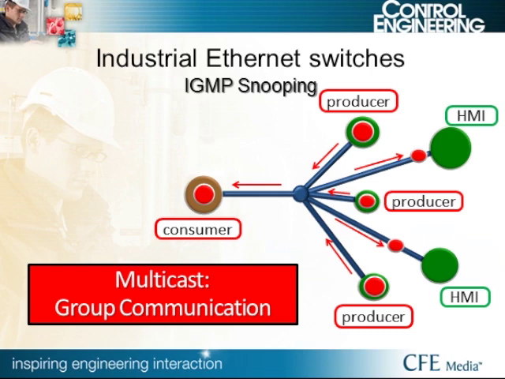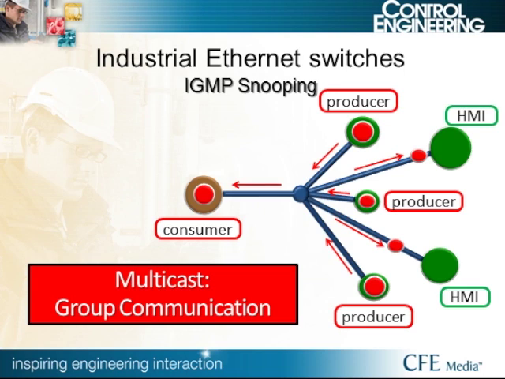Industrial controls protocols that use the producer-consumer model have historically used multicast for communication. Ethernet switches will flood these multicast packets to every device on the network, causing HMIs to slow and drives to drop off the network with communication errors.